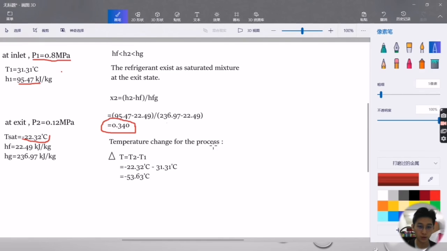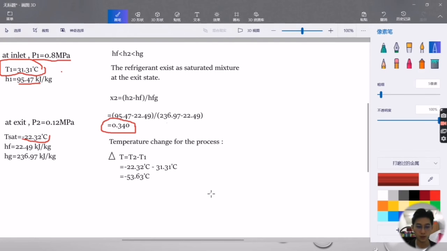The temperature change through the process is T2 minus T1, so it's this one minus this one. We get a temperature difference of negative 53.63 degrees Celsius.